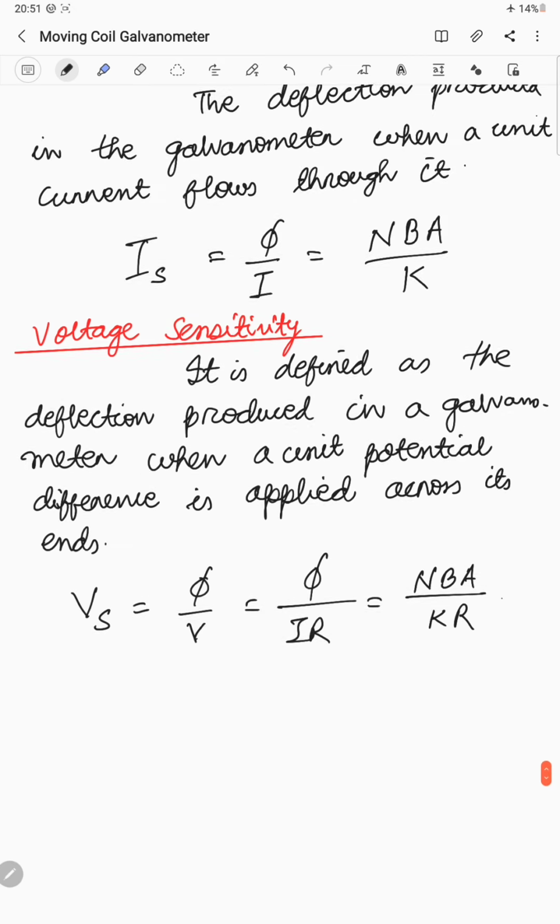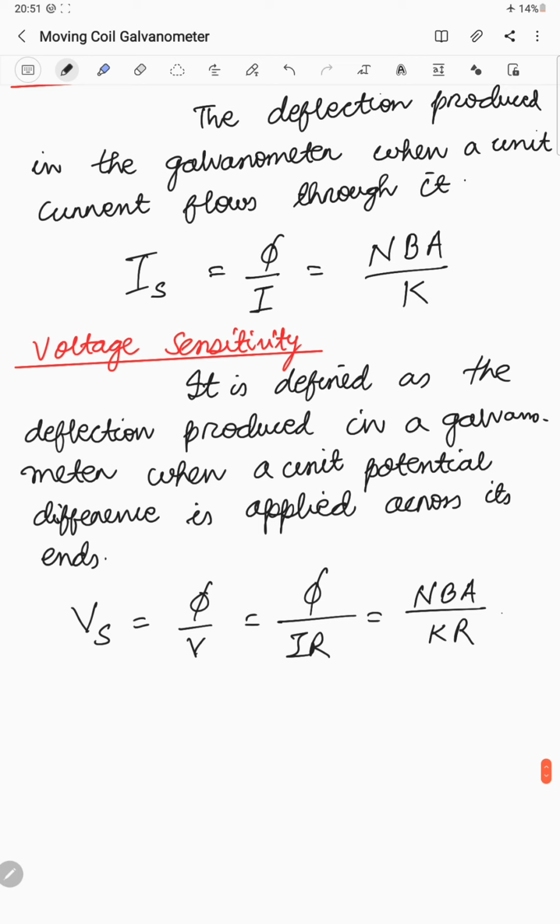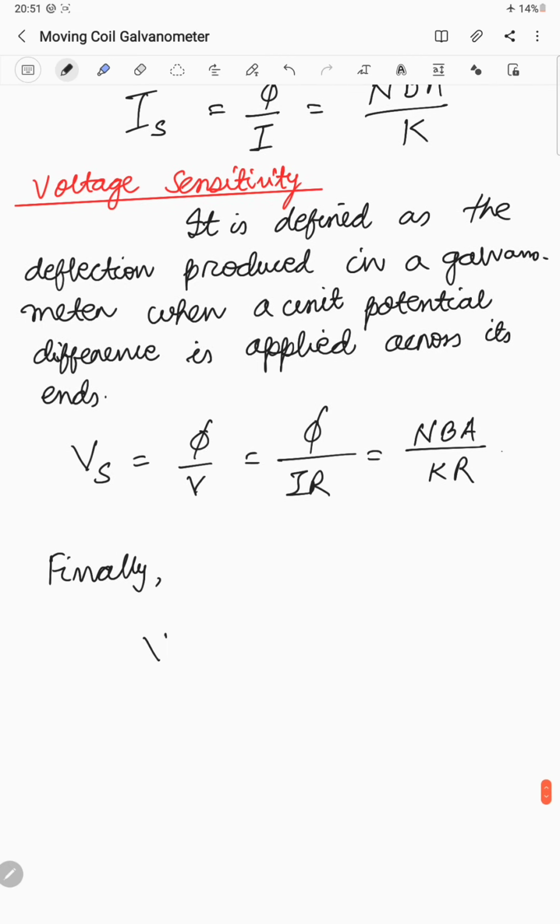So if you look at both the expressions for current sensitivity and voltage sensitivity, what I can say is finally my voltage sensitivity is equal to current sensitivity divided by R. Okay, fine.